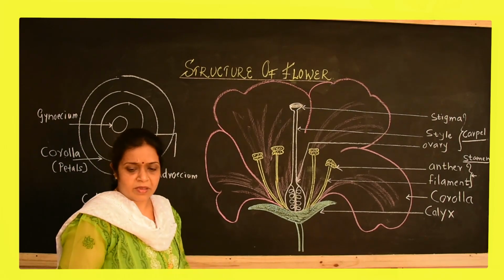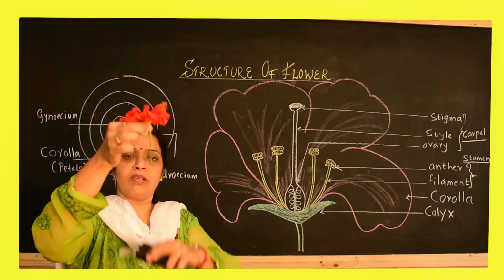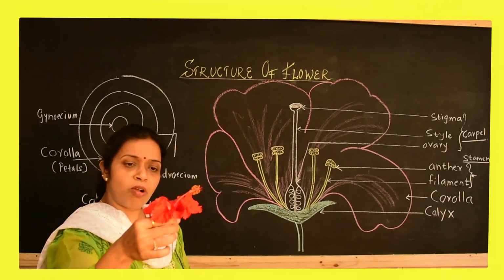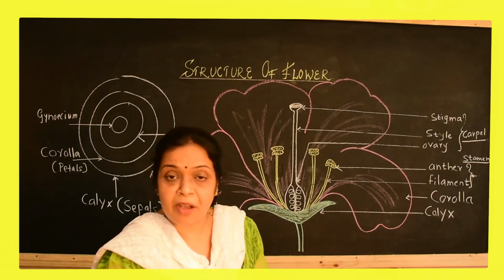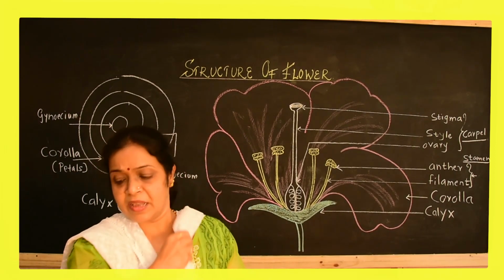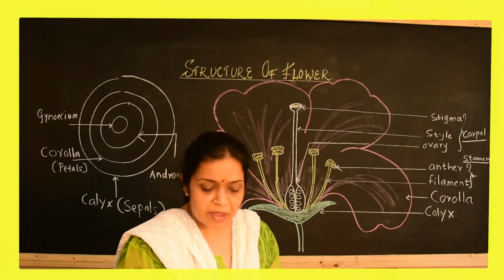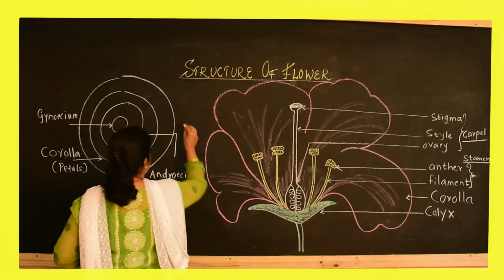Most of the flowers, whatever we are seeing, are having this long stalk present there for support of a flower. This stalk is called as pedicel. If the flower is having this pedicel, then the flowers are called as pedicellate flowers. But for some flowers, they will grow directly there on the branch.